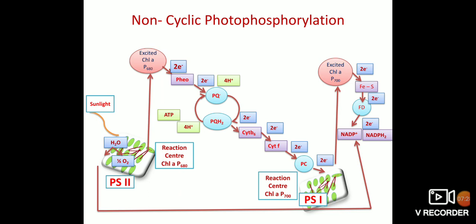So during non-cyclic photophosphorylation, the electrons which are liberated from photosystem 2 are carried through different electron carriers, and ultimately these 2 electrons are accepted by NADP, which forms NADPH2.